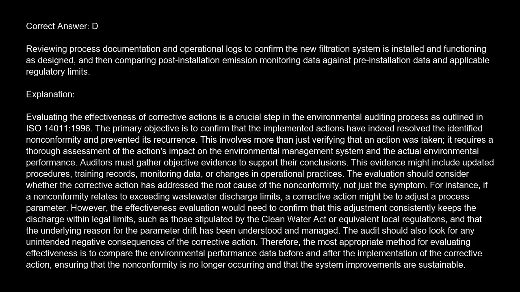The audit should also look for any unintended negative consequences of the corrective action. Therefore, the most appropriate method for evaluating effectiveness is to compare the environmental performance data before and after the implementation of the corrective action, ensuring that the nonconformity is no longer occurring and that the system improvements are sustainable.